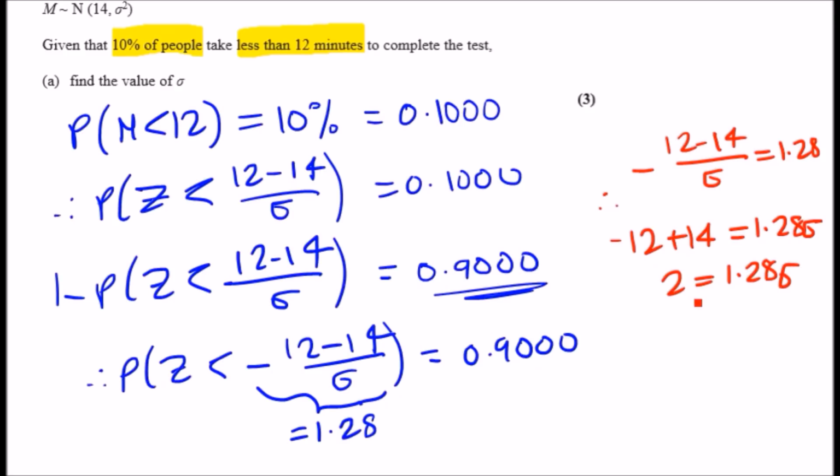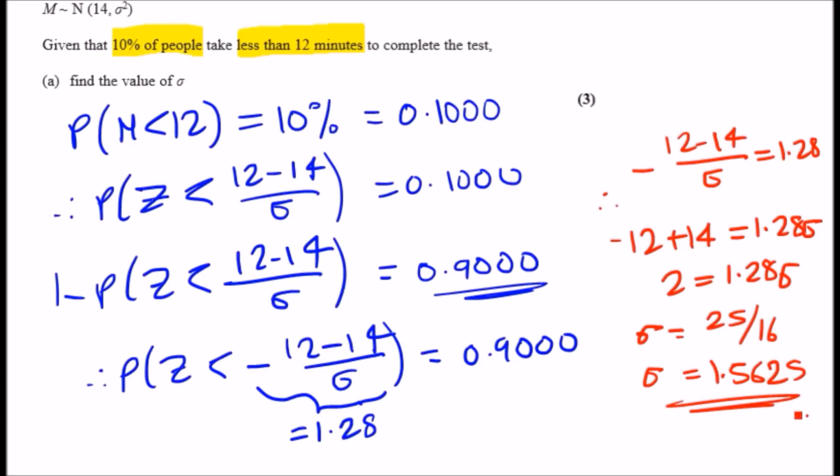Dividing by 1.28, you should get sigma equals 25 over 16. But it's best to keep the answer as a decimal because we're working in minutes, so we can't really use a fraction. So approximately 1.5625 minutes. And that's part A wrapped up.